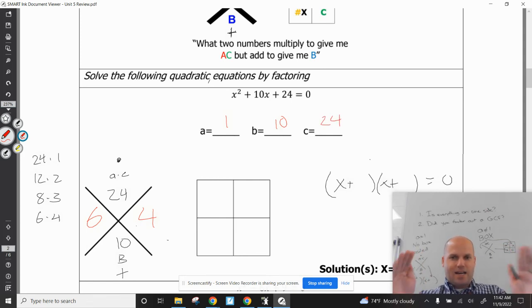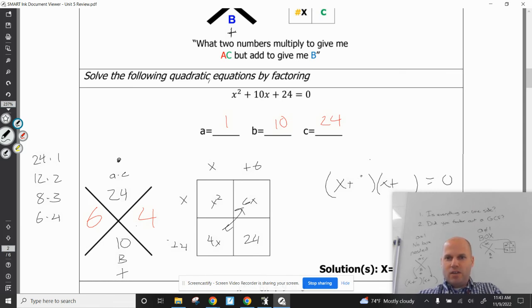Now, I tell my students, yo, guys, after doing a couple of these, you don't need to do the box. If you think about x plus 6 and x plus 4 and distributing things, it works out perfectly that you get x squared plus 10x plus 24.